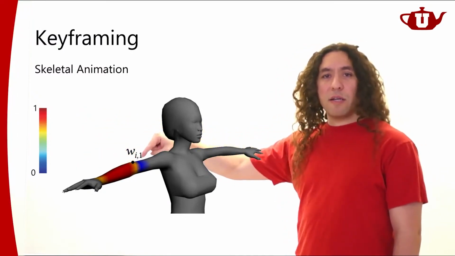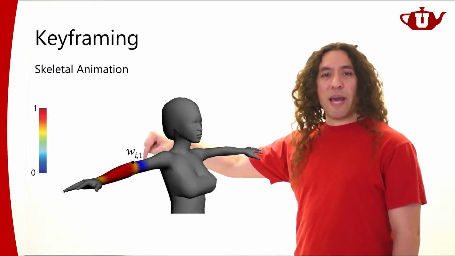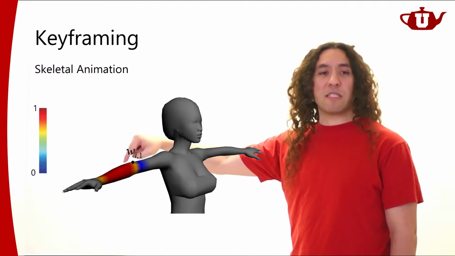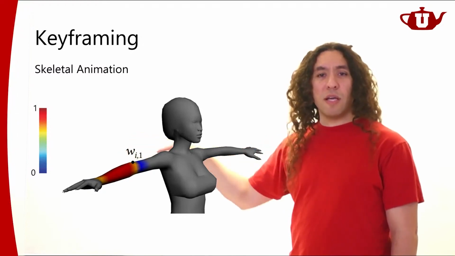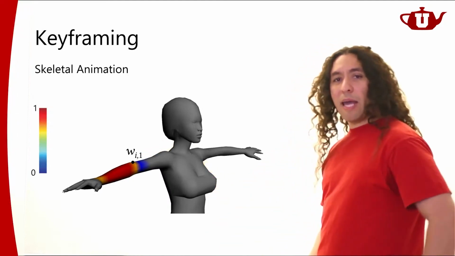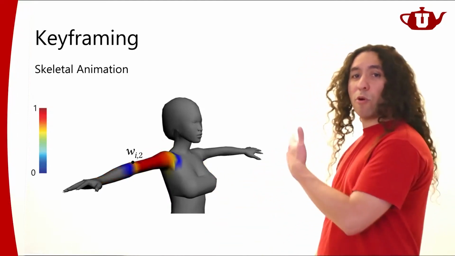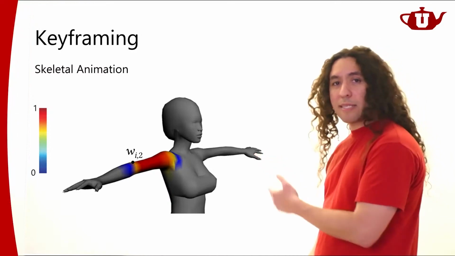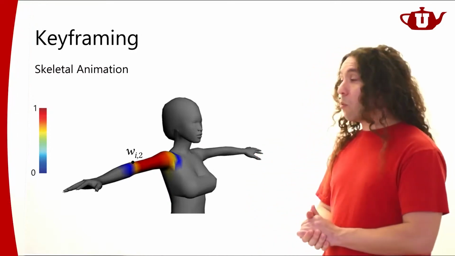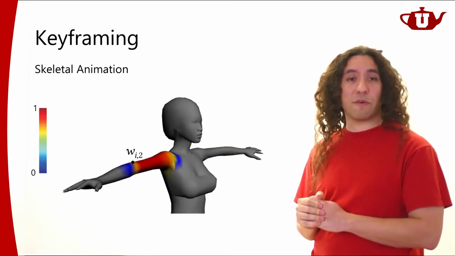Over here, this particular bone does not impact these points too much, but over here, it just completely defines how these vertices are moved. For our vertex in the middle, it has a particular weight, and it has some other weight that corresponds to the other bone. So as I'm moving these two bones, a combination of these weights will give me the resulting motion for this vertex.